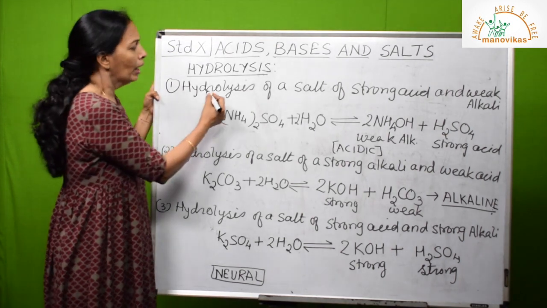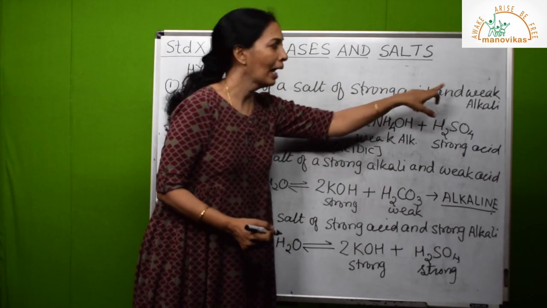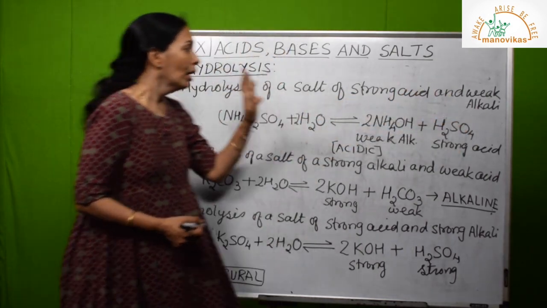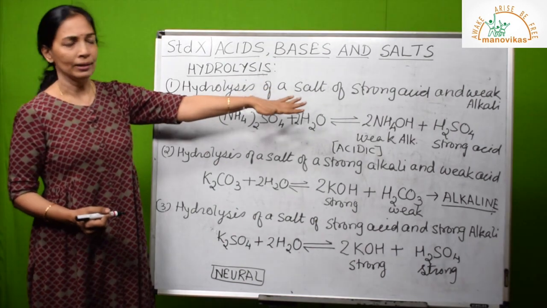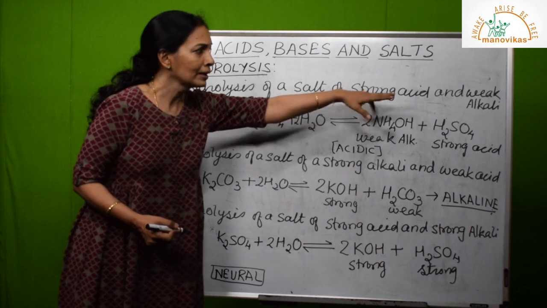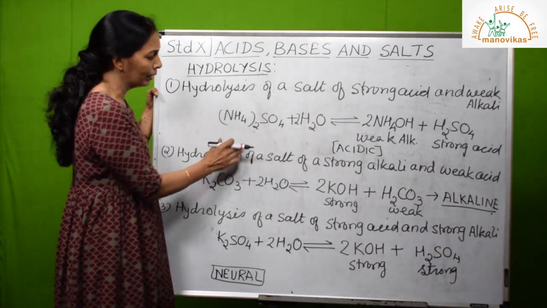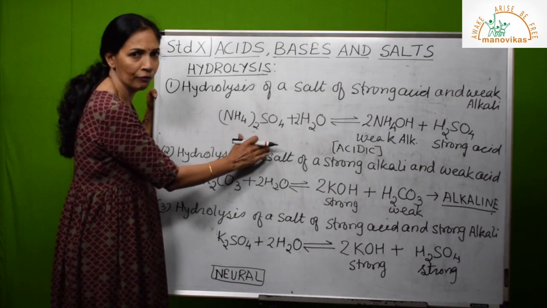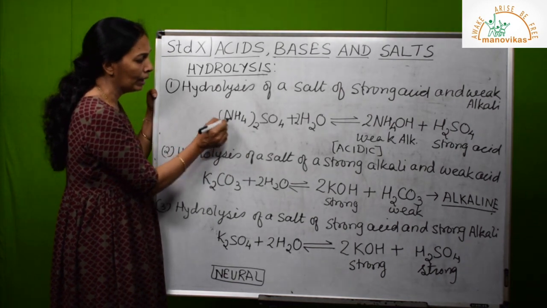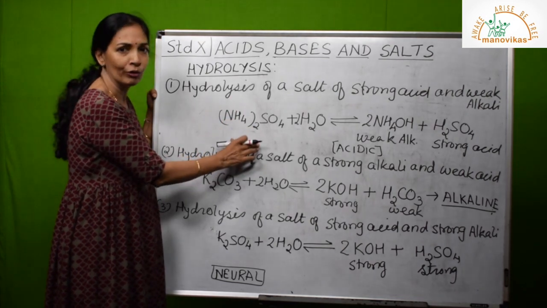For example, hydrolysis of a salt of strong acid and weak alkali. As a result of neutralization of acid and alkali, we get salt. So if a strong acid and weak alkali undergo neutralization, a salt forms. Let us suppose the salt is ammonium sulfate. This ammonium sulfate is formed from ammonium hydroxide and sulfuric acid.